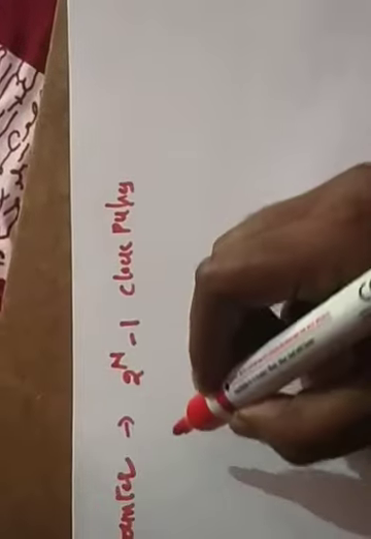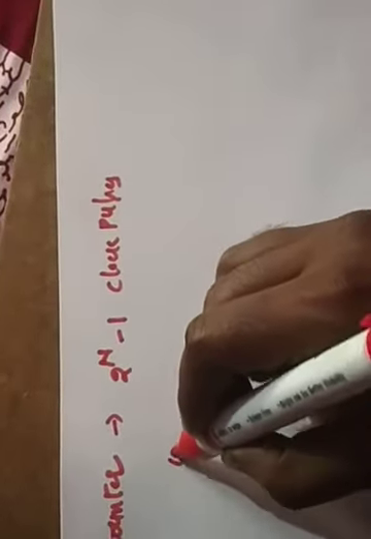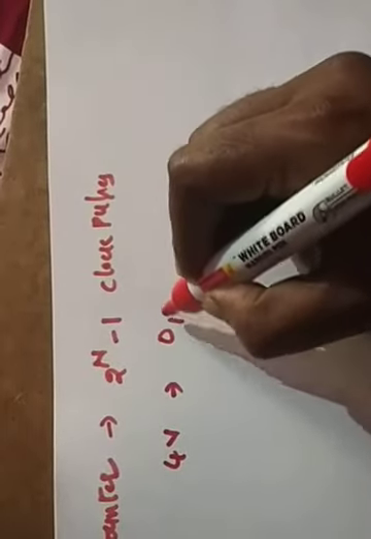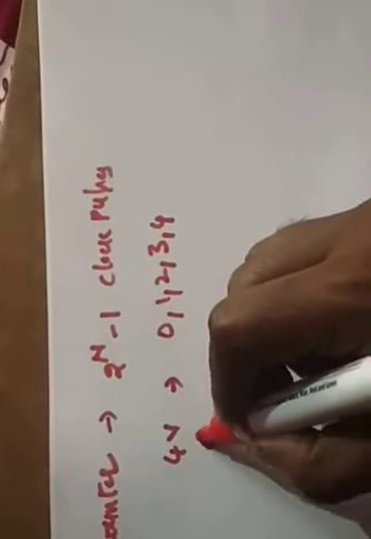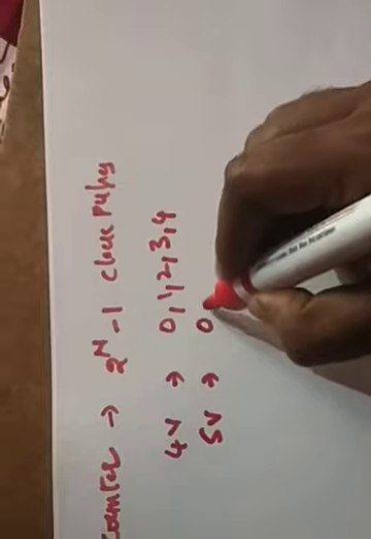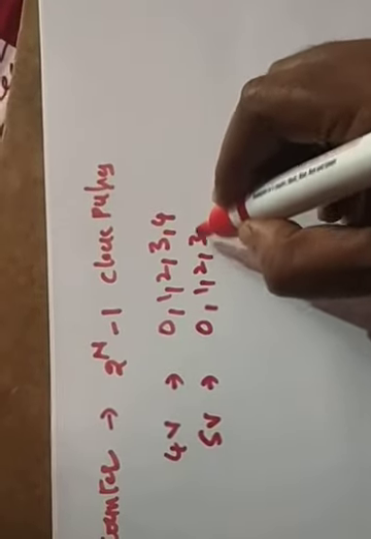That means if you use a counter type and you want to find 4 volts, you start from 0, 1, 2, 3, 4, like that. If it is 5 volts, again it starts from 0, 1, 2, 3, 4, 5.